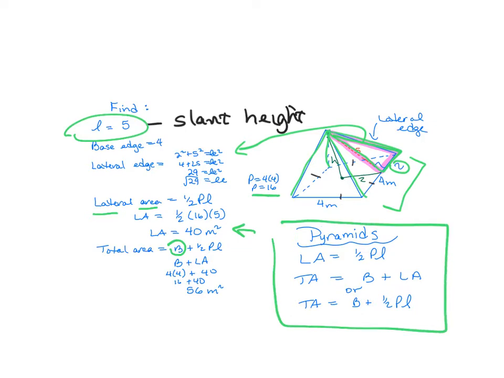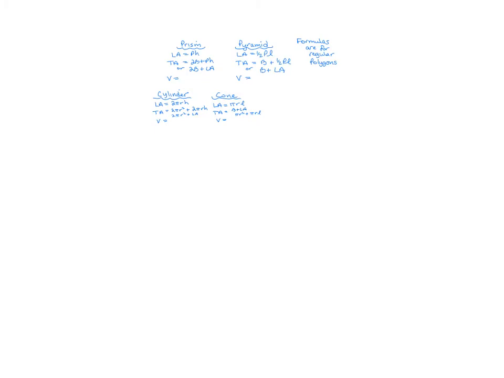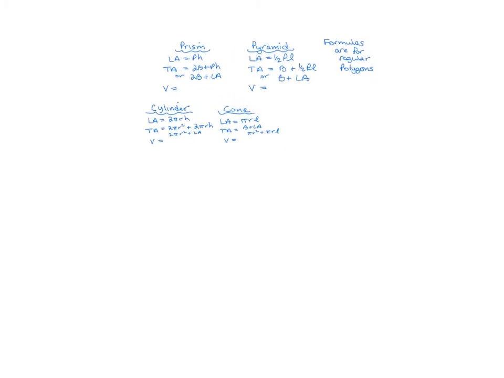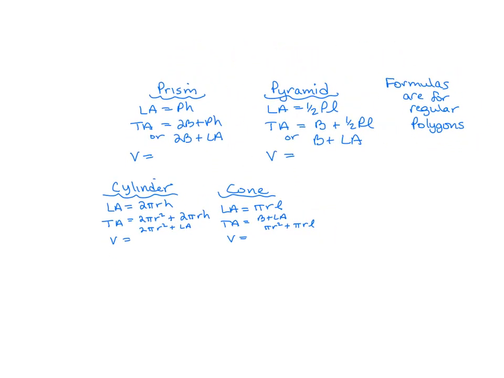On the next slide, I've actually started a running page here with all of my formulas. Over here are your prisms. Over here are your formulas for pyramids, and then cylinders and cones.